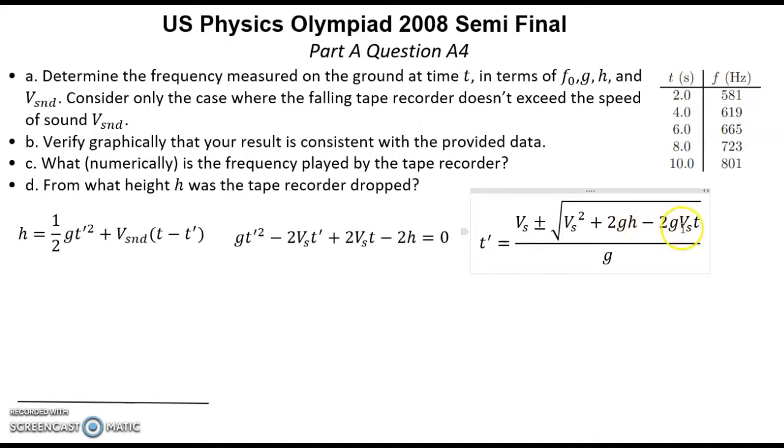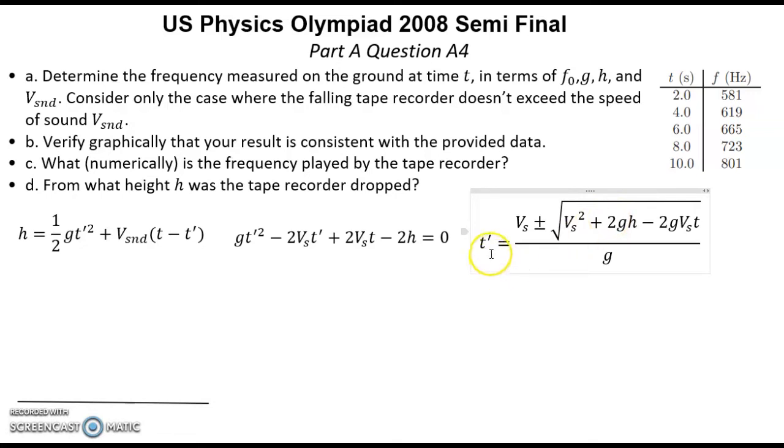It means that here we have a negative expression. So we have v sound square minus something very small, negative. So we have to subtract from v sound this part, which is a little less than v sound.